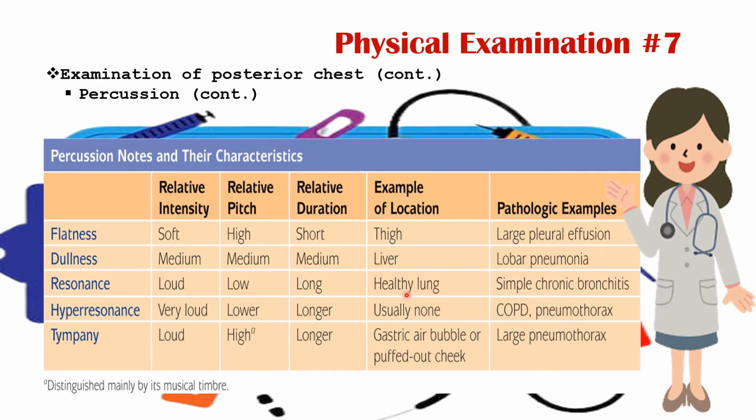So here, this is an example, no, resonance. So relative intensity should be loud, relative pitch low, so the relative duration is long. This is an example sound, or tone rather, of the healthy lungs. Okay, there could be some pathologic examples. For simple chronic bronchitis, also meron din siyang resonance sounds.